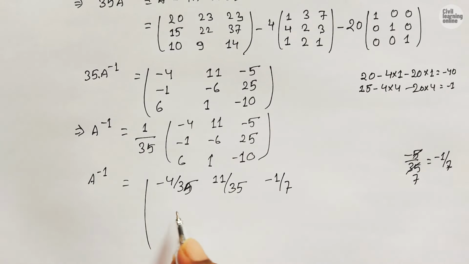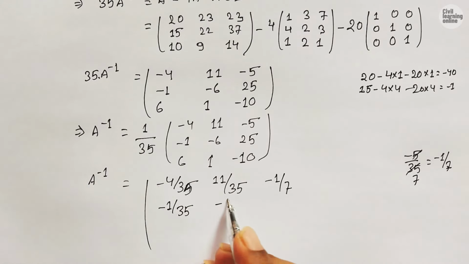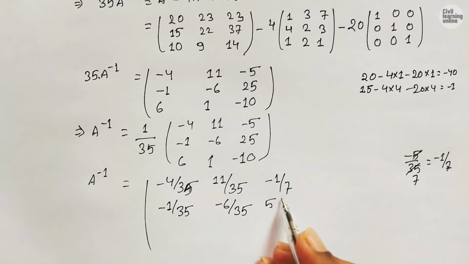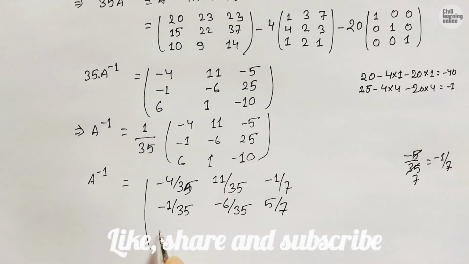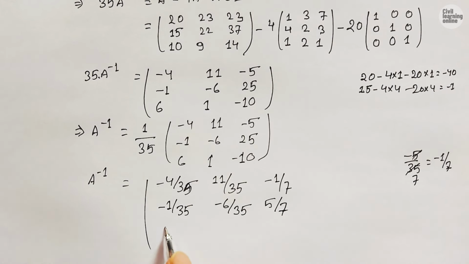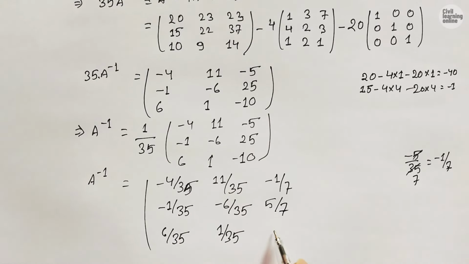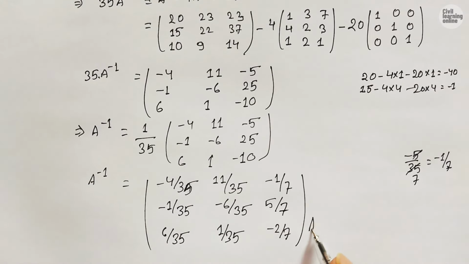Now further we will have minus 1 upon 35, minus 6 upon 35, 25 upon 35 which is 5 upon 7, and here we will have 6 upon 35, 1 upon 35 and minus 10 upon 35 which is minus 2 upon 7, and this is the final solution.